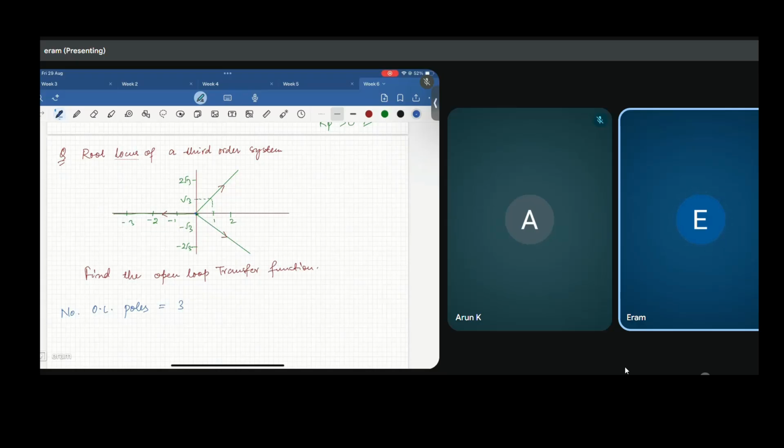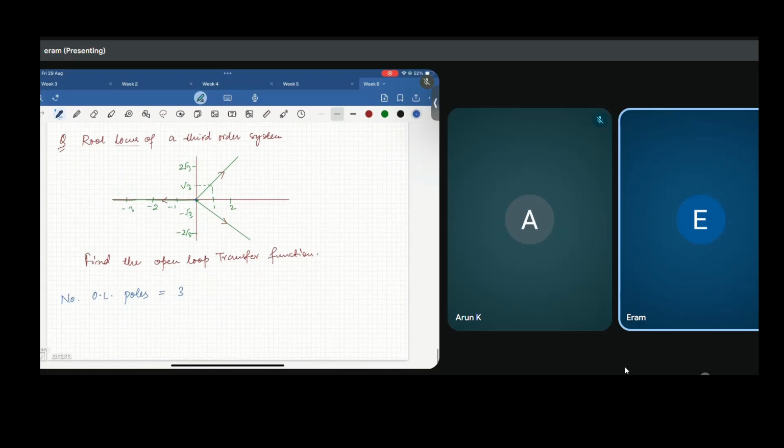And since there are no zeros, we can conclude that the open loop transfer function is nothing but k by s cube. So this is the open loop transfer function for the given root locus.